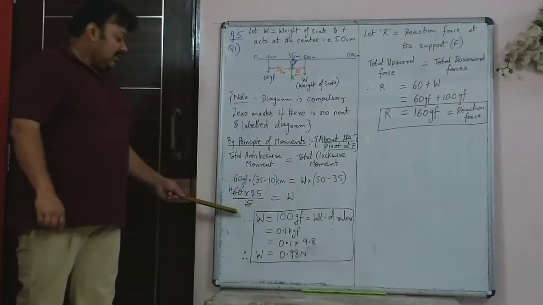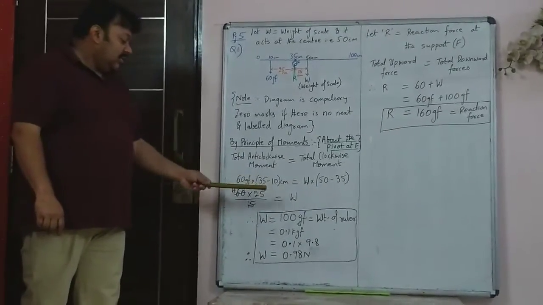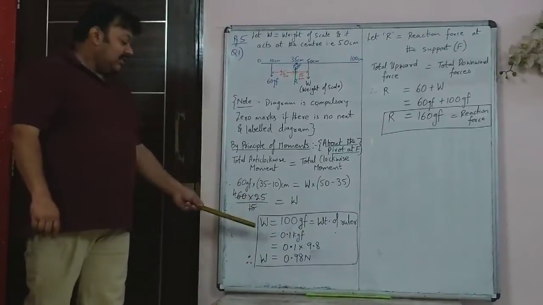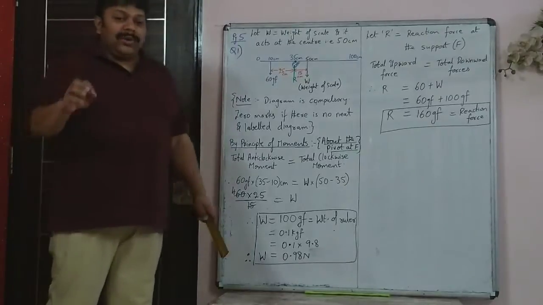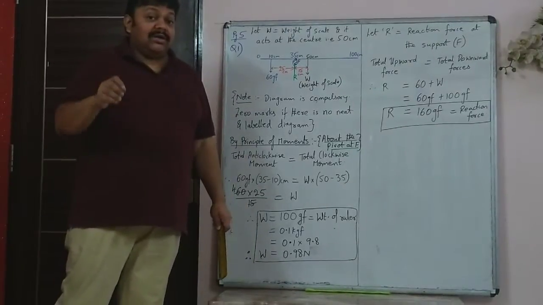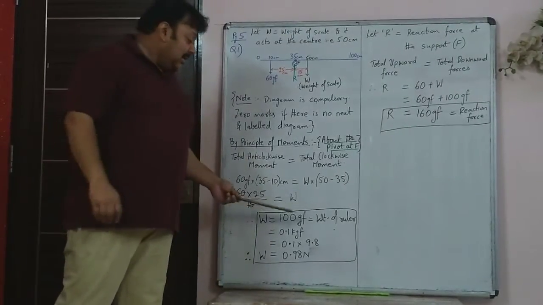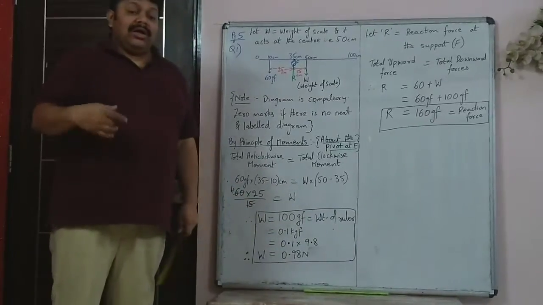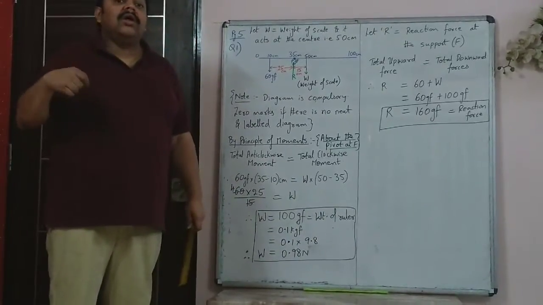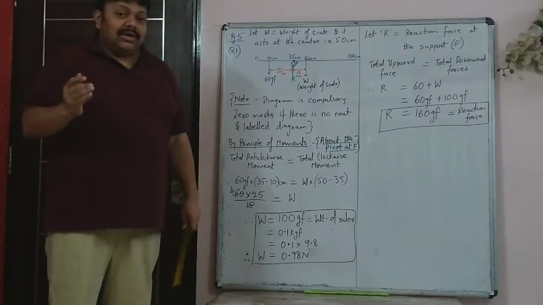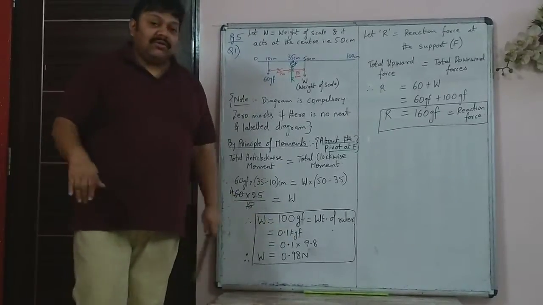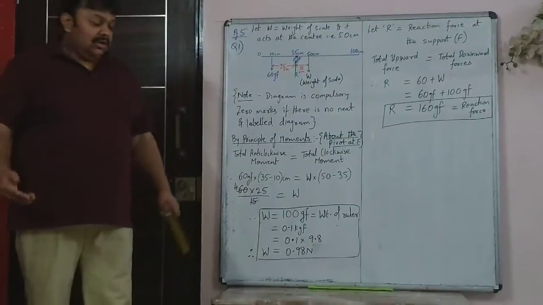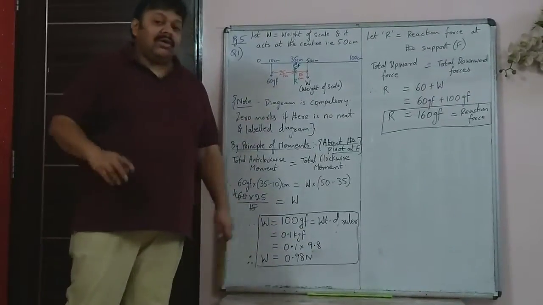So 15 goes to the denominator, and 60 into 25 upon 15 will give you 100 gf, that's the weight of the ruler. Weight is not mass. You can write it as 100 gf; if the mass of the ruler was asked, you would have written 100 gram. Now if you are converting it into kgf, you have to divide it by 1000, so it would become 0.1 kgf.